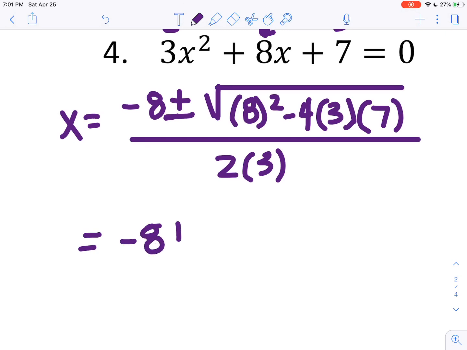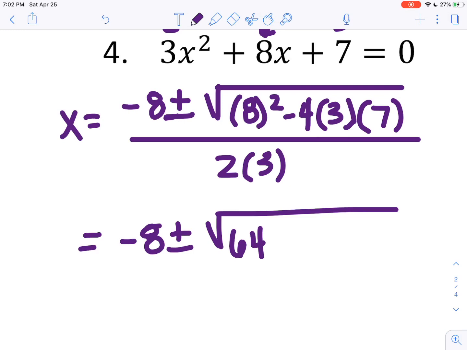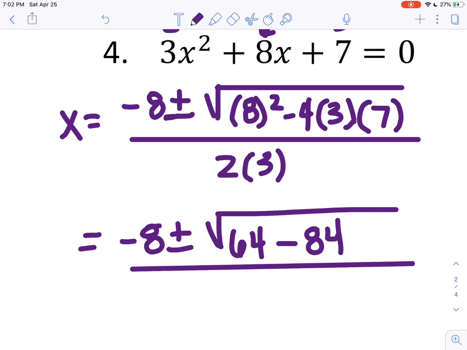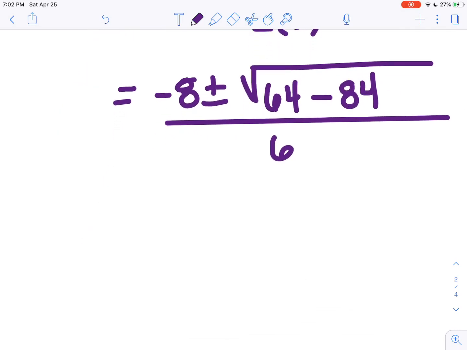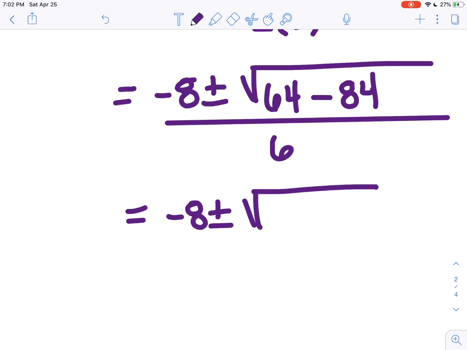So negative 8 plus or minus the square root, 64. Okay, and then negative 4 times 3 times 7, which is negative 84 over 6. Negative 8 plus or minus 64 minus 84, that's negative 20 over 6.